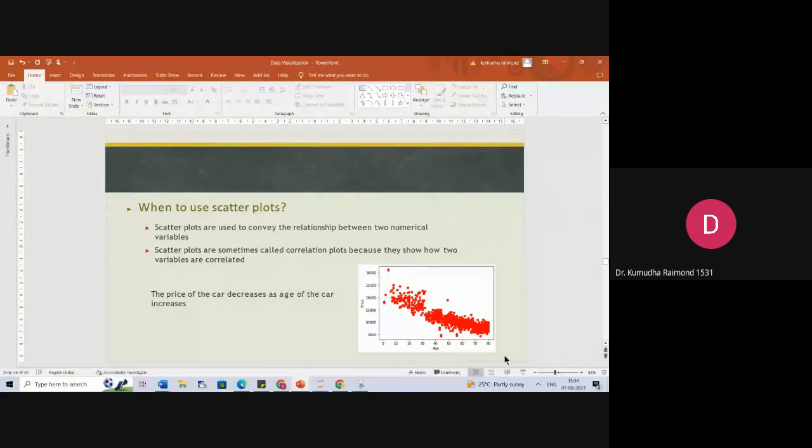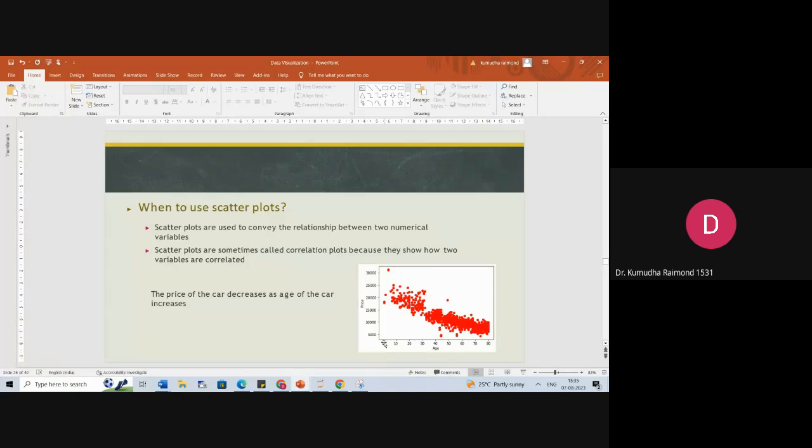For example, over here, the x-axis is the age of a car and the y-axis is the price of the car. What this red point talks about is that the price of the car decreases as the age of the car increases. That's what correlation is. That's the interpretation from this particular plot.